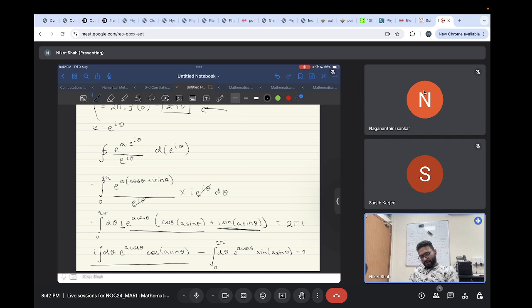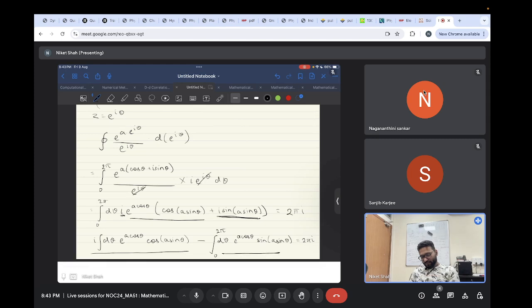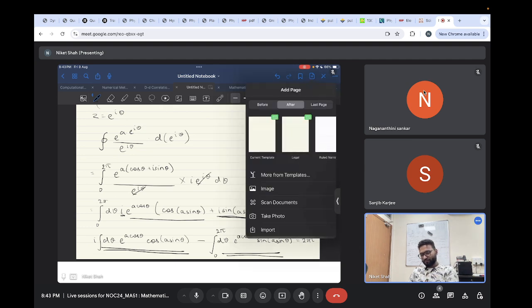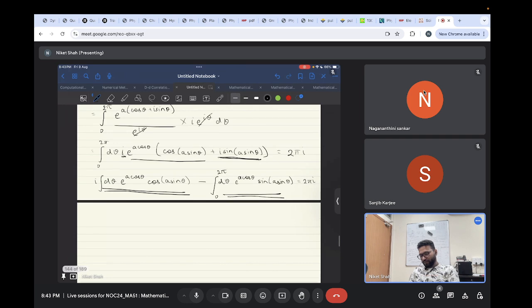This is equal to 2 pi I. So what I'm saying is that the integral inside the left term will give me a real number because it's a real integral, but that multiplied with I will give me a purely imaginary number. Because for complex numbers we can do this.